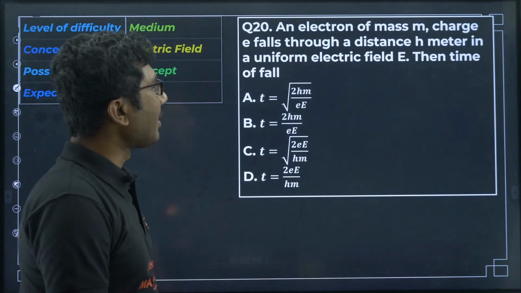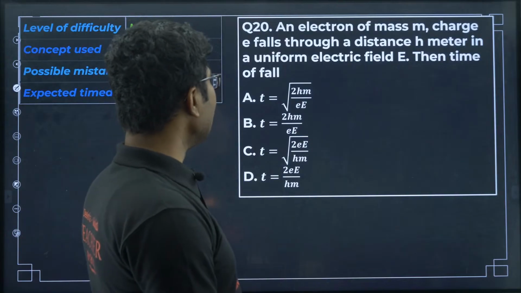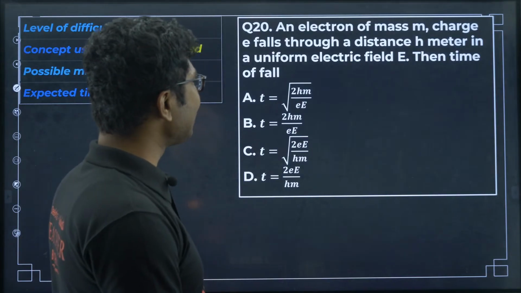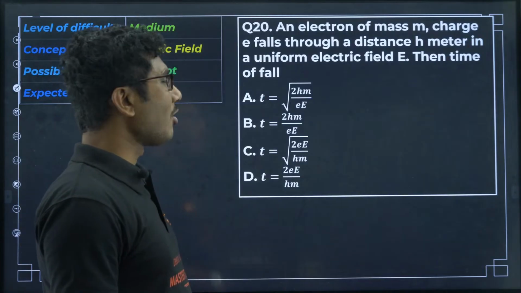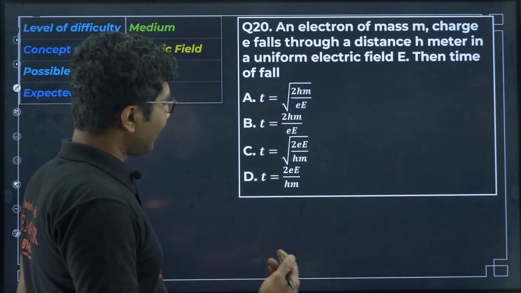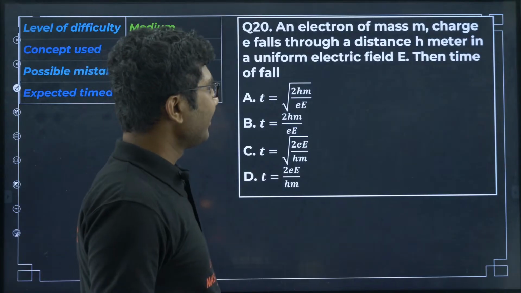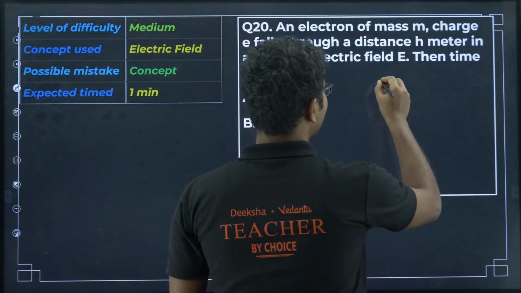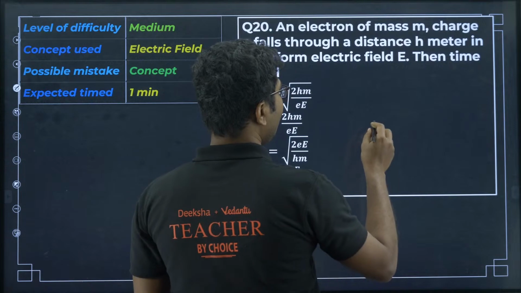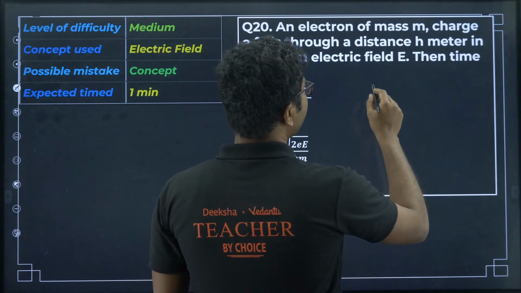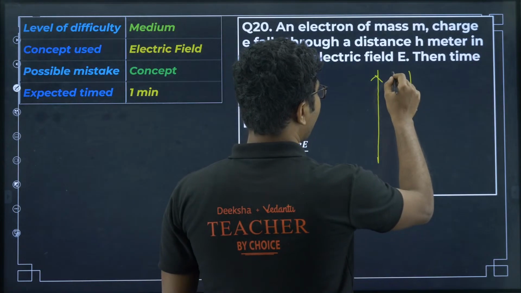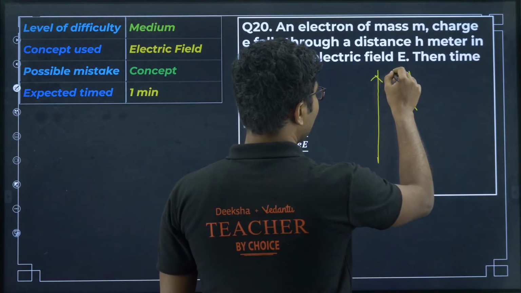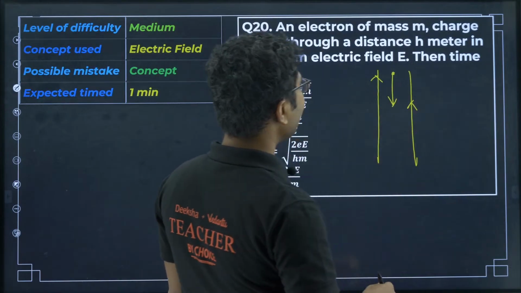An electron of mass m, charge e, falls through a distance h meter in a uniform electric field, then the time of fall. Okay. Another interesting question. So, you have some electric field like this. You have dropped an electron, electron is moving, okay, but there is no gravity.